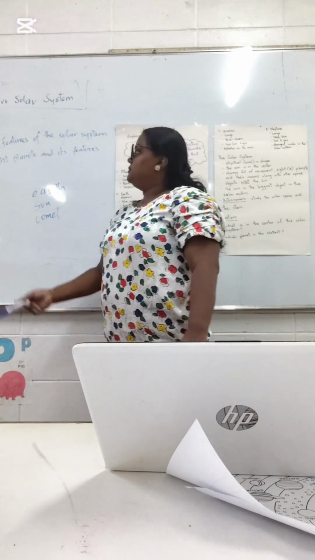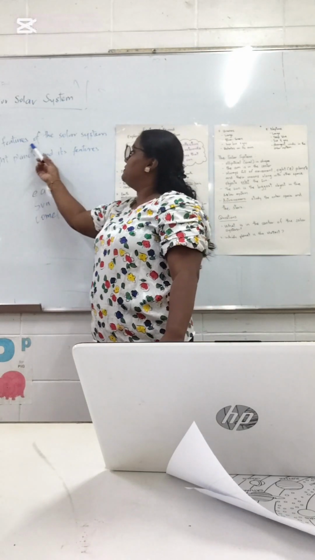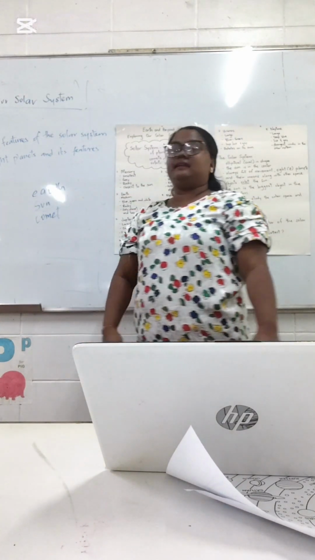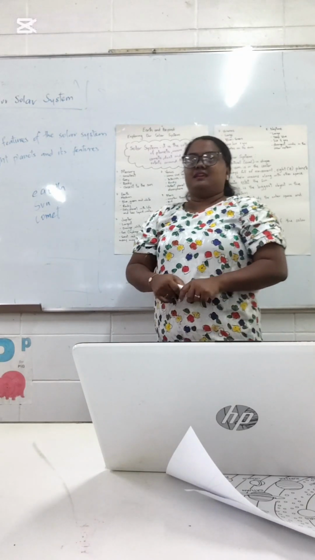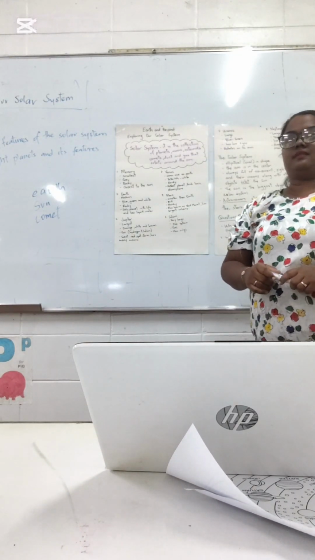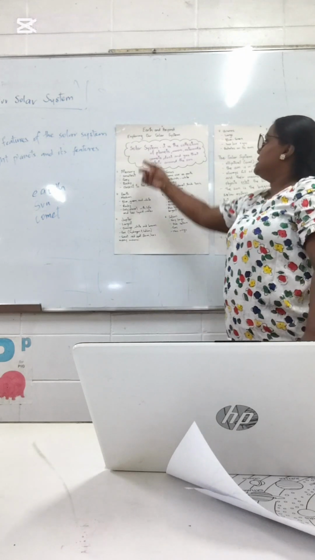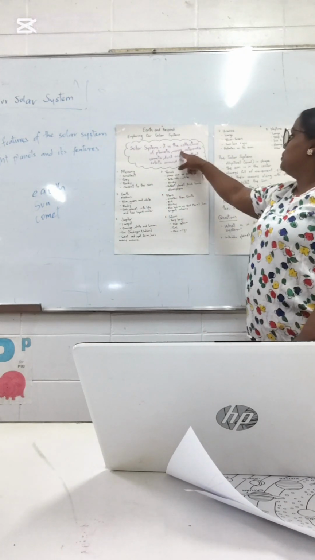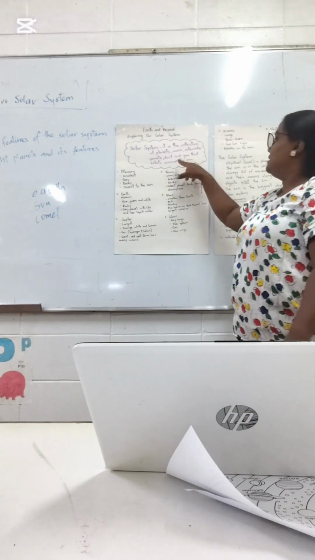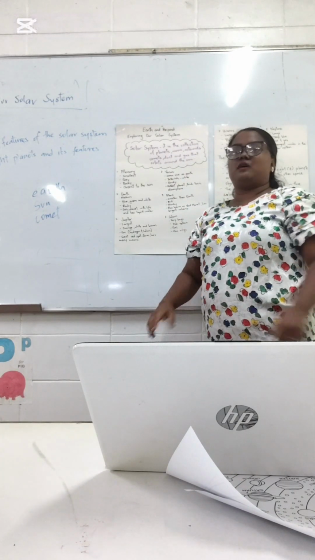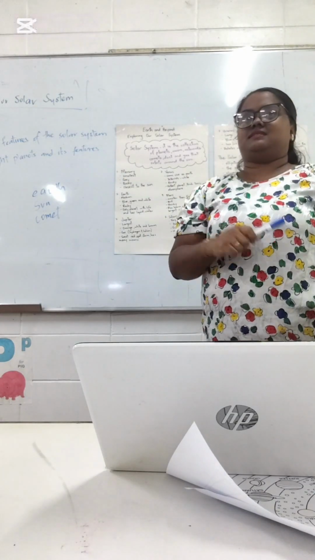Right. So as we begin today, our main focus will be to explain the features of our solar system, and we'll also identify the 8 planets and their features. So we'll begin. What is the solar system? The solar system is the collection of planets, moons, asteroids, comets, dust and gases that orbit around the sun, that move around the sun.